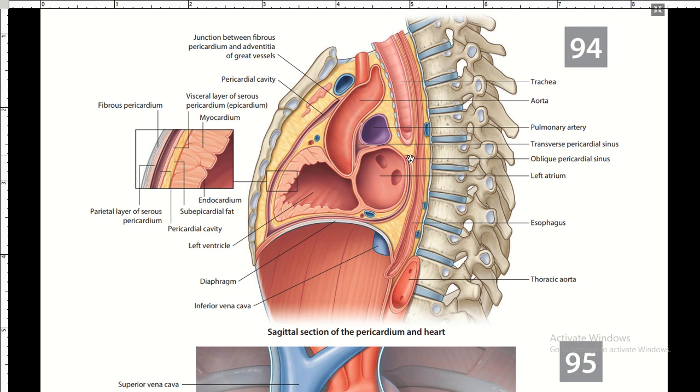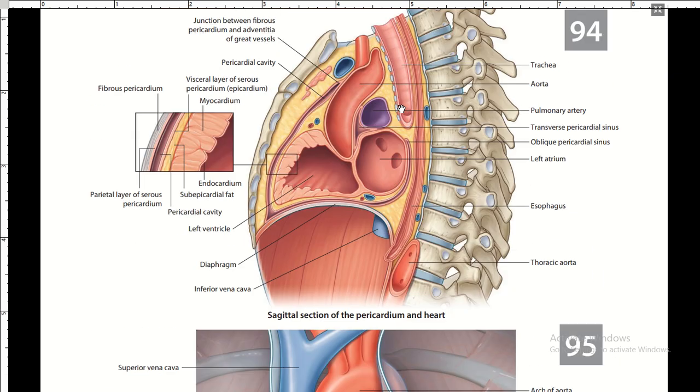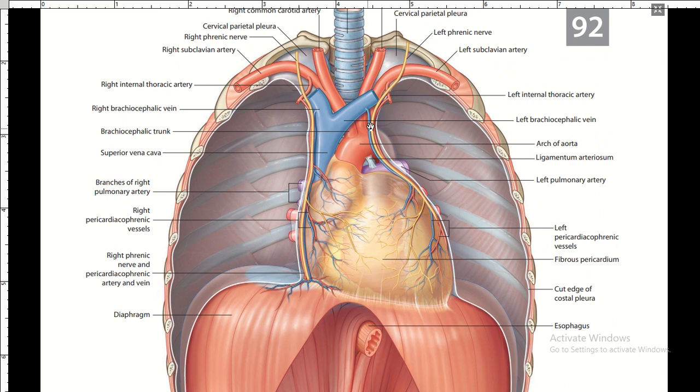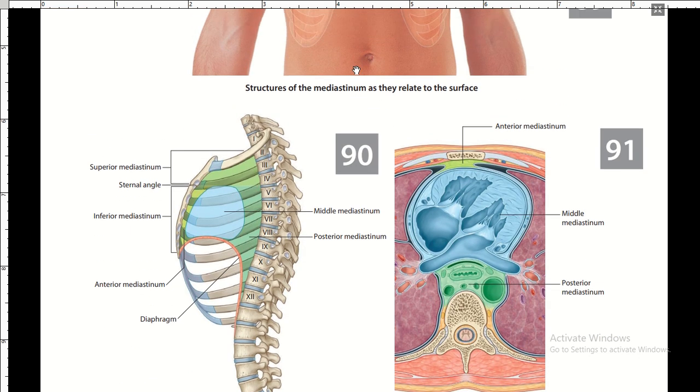There's a groove formed by a nerve that lies between your trachea and your esophagus. That groove is for the left recurrent laryngeal nerve. It's very important. You cannot see it here, but you can appreciate that between the trachea and the esophagus, you're going to have the left recurrent laryngeal nerve.